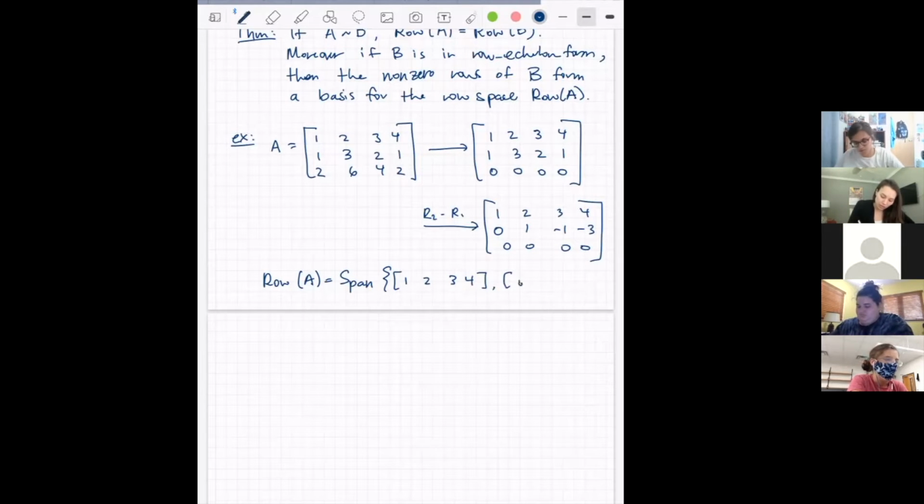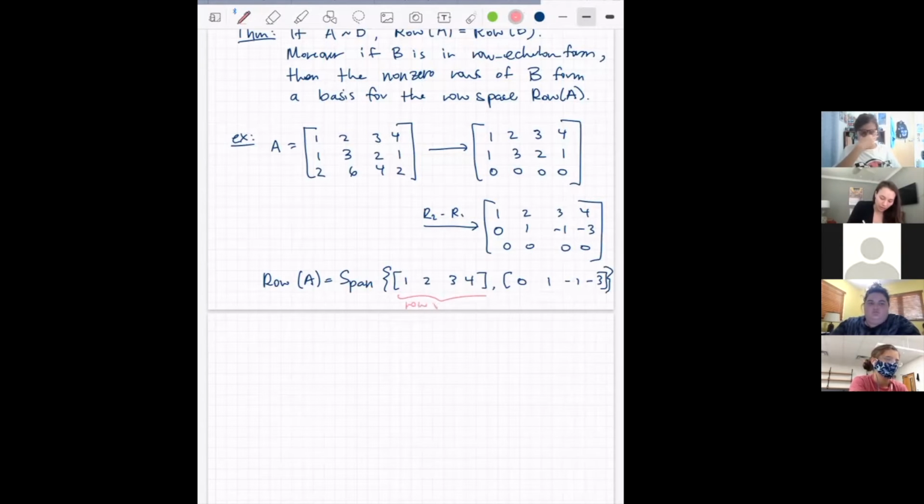Oh, so we have to write the vector like that, as in horizontally? Yeah, well, you can. And we often do, because when we're talking about the row space, we use row vectors.